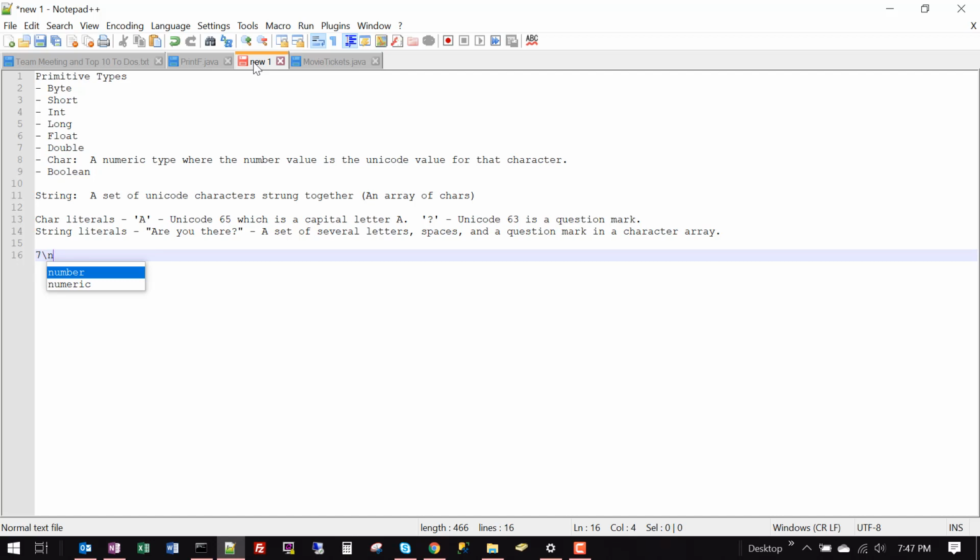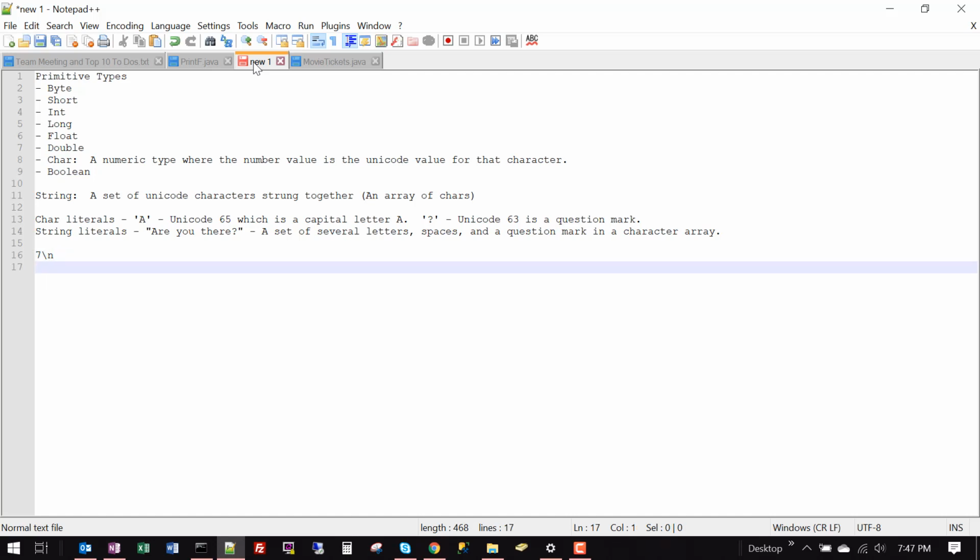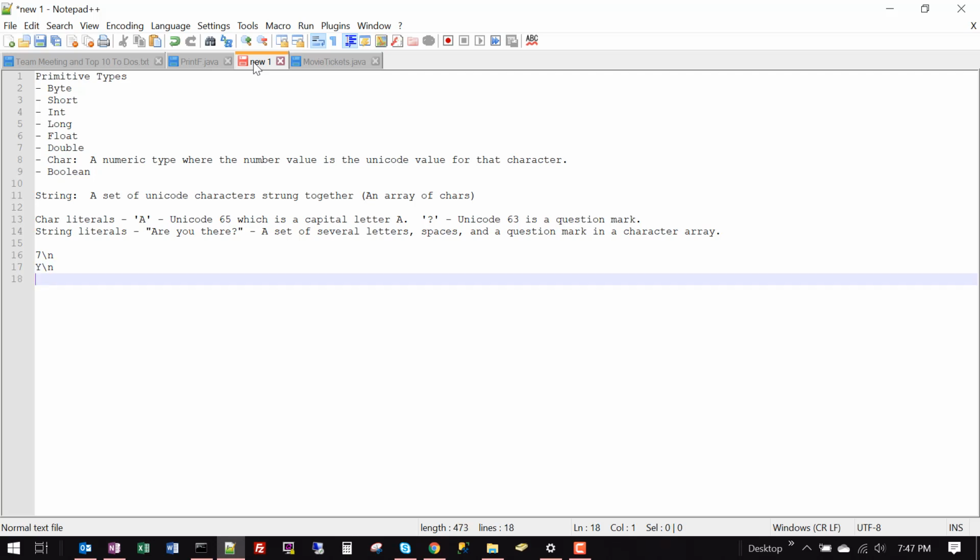So it puts in that \n that we talked about when we first did prints and print lines, and that \n works as the line terminator and indicates to the scanner that I'm done with that token. So I put in the 7, and then I put in the next token, like the Y. When I do the next, it grabs that as a string. Next grabs as a string. And then I do the \n. Similarly, it treats that \n as the terminator for the token.